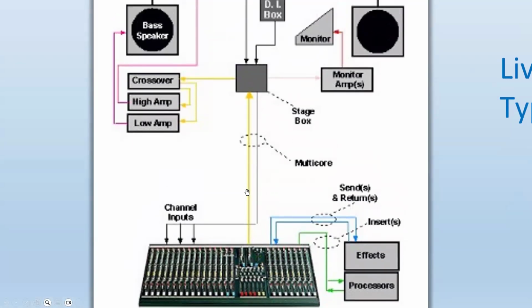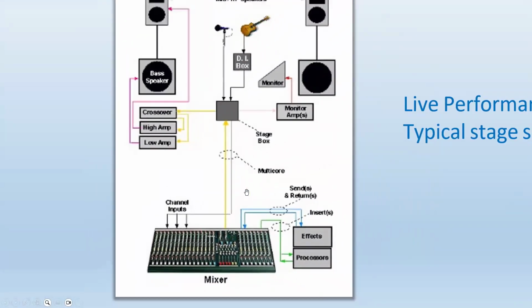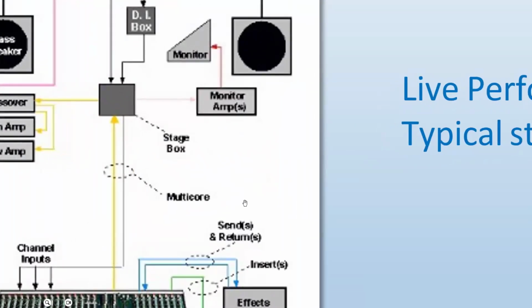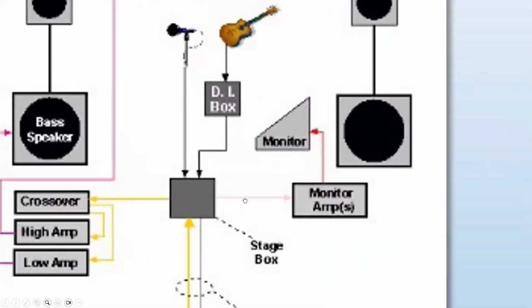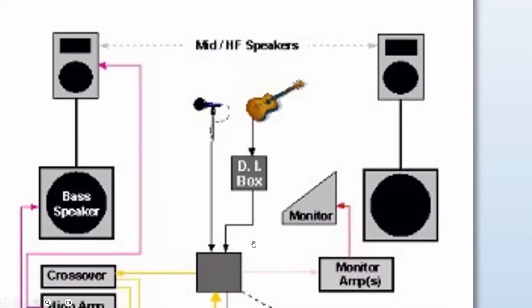So that is the general overview. One thing that I didn't mention here, which we're going to talk about later today in greater detail, is this: it looks like DI, that's D-I. Direct input box, direct box, or quite often they're called a DI box.